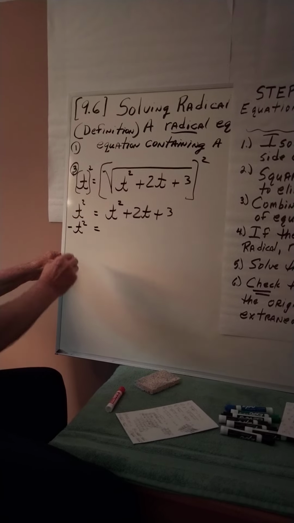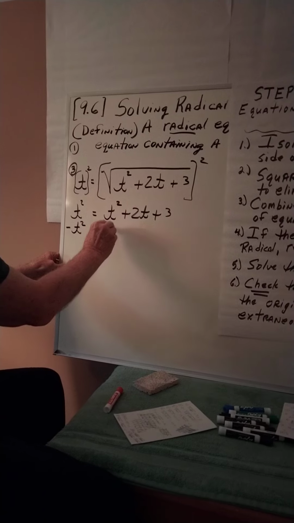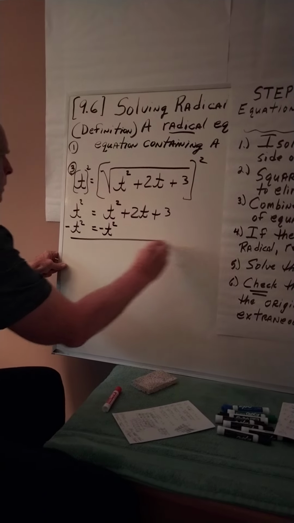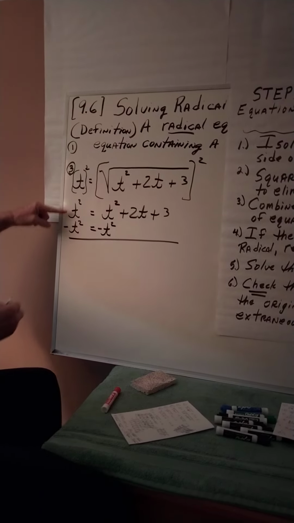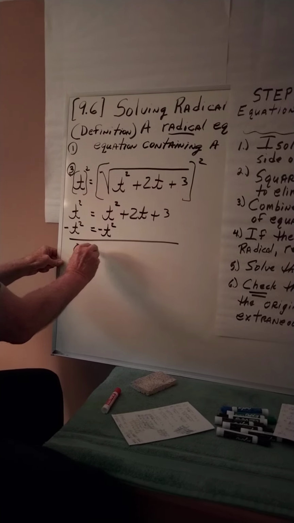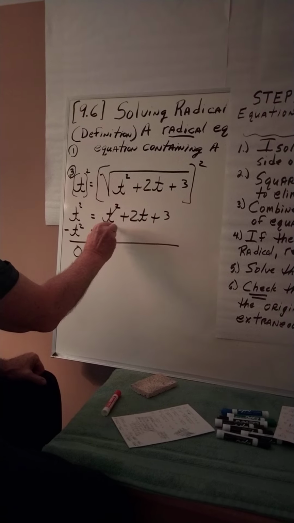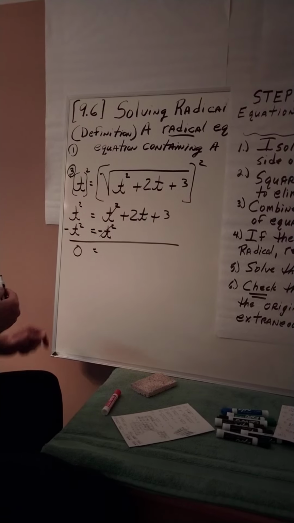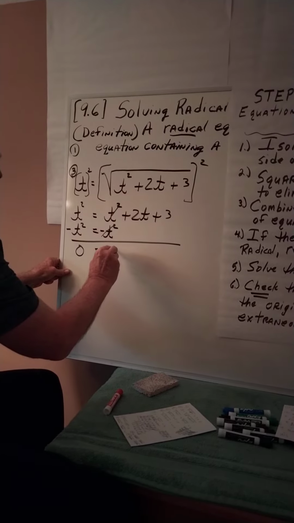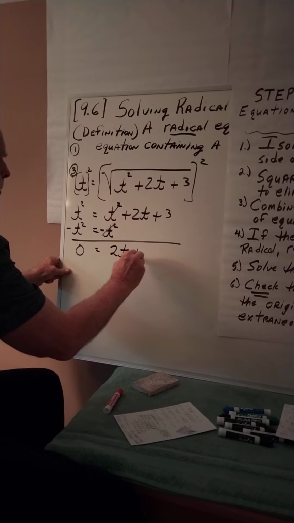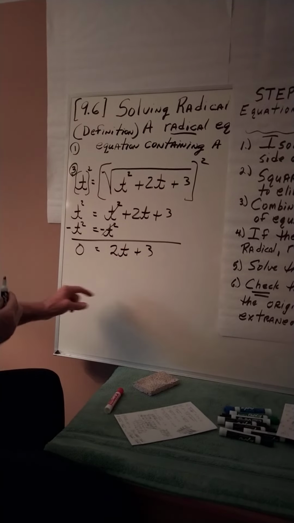So minus t squared on the left and minus t squared on the right. Draw the line. This becomes 0. The t squareds cancel out, and so does our quadratic equation. We'll get 2t plus 3.